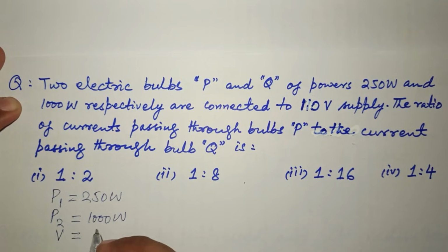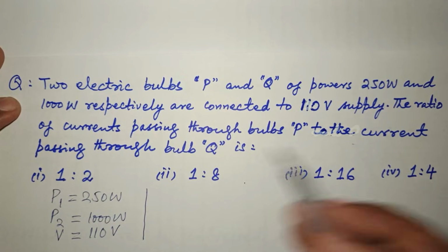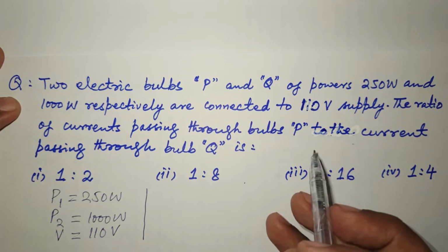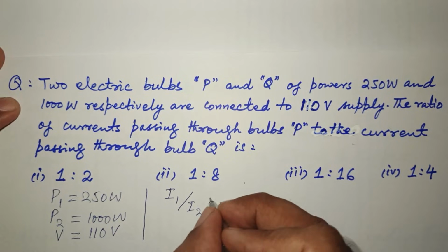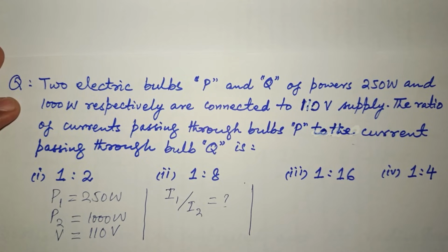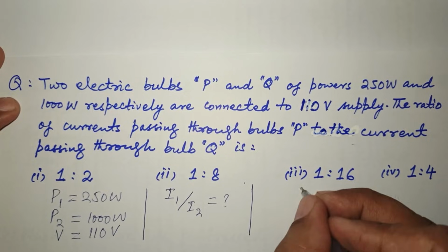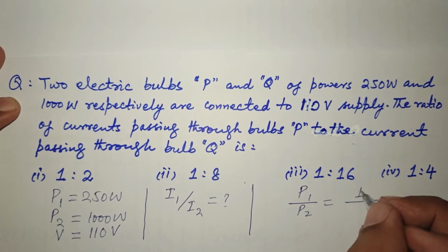So voltage of the supply is 110 volt. The ratio of currents passing through bulb P to the current passing through bulb Q, I1 over I2, we have to find out. Okay. So instead of going into the lengthy calculation, we can simplify it very quickly. We know that power is given as IV.